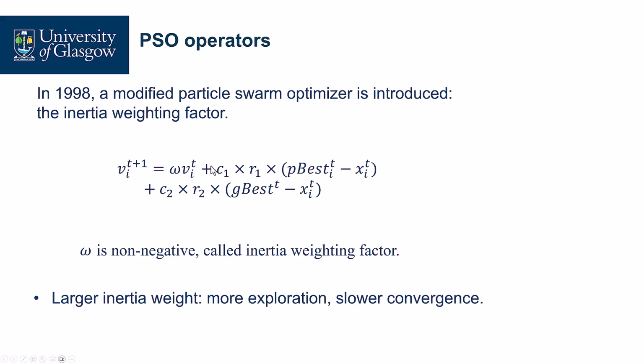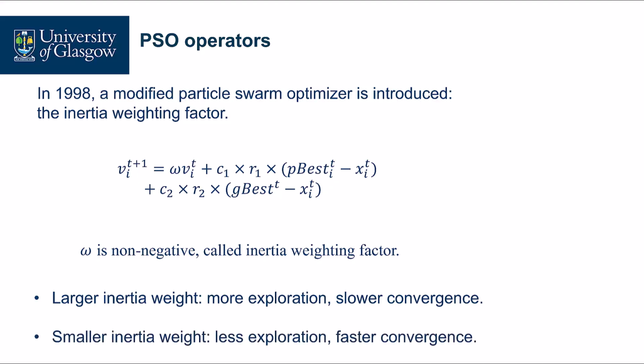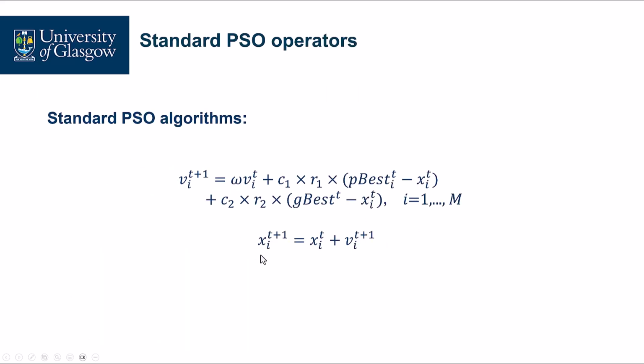When there is more exploration, we put more effort into detecting the unknown space, which causes a bit slower convergence. If we use a smaller inertia weight, then we carry out less exploration, but the convergence will be faster. So this becomes the update of V^(t+1) now, and we use this as the standard PSO algorithm. And here is the formula.